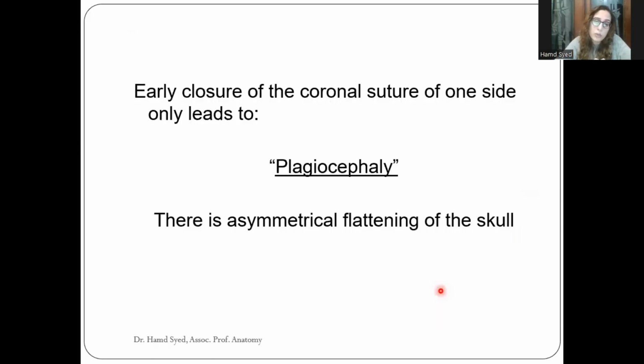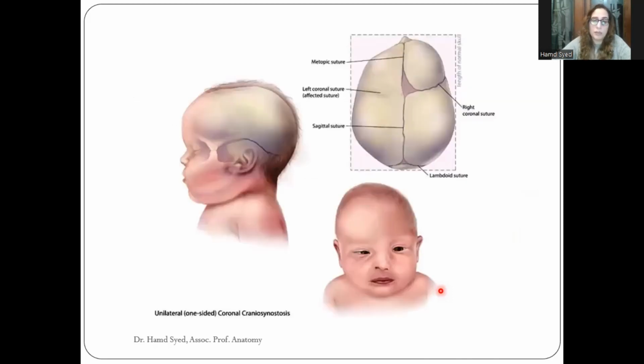Another type of craniosynostosis is plagiocephaly. Plagiocephaly is the skull shape which results when the coronal suture of only one side closes at an earlier time. And this causes an asymmetrical flattening of the skull. So here you can see plagiocephaly. Let's look at this view of the skull from above.